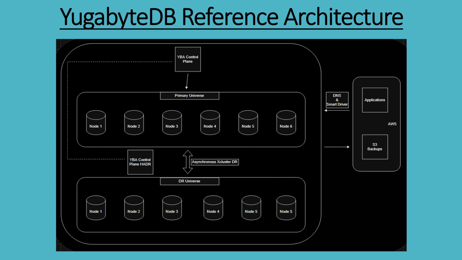So I hope that gives you some better understanding about the replication factor and the Raft consensus groups. And on the top, if you see, we have represented something called YBA control plane, and also in the DR we have represented another YBA control plane.